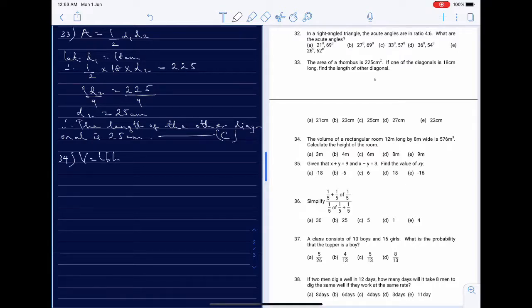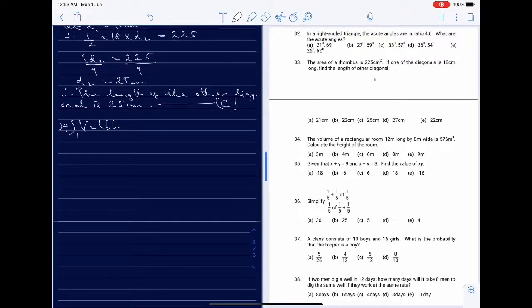That's LBH. L equals 12 meters, B equals 8 meters, and volume is 576 meters cubed.